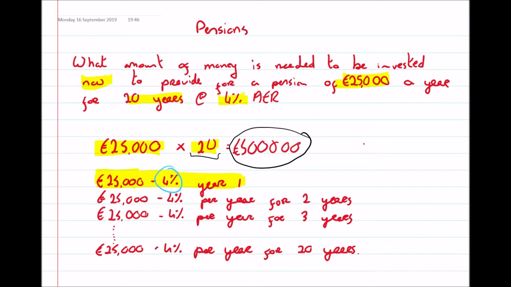If I invested 24,000, by the end of the year the interest would be added to that and it would be 25,000. And it's the same then for every year. The longer we leave it in, the more interest it's going to make, therefore the less we actually have to invest in order to get €25,000 back.